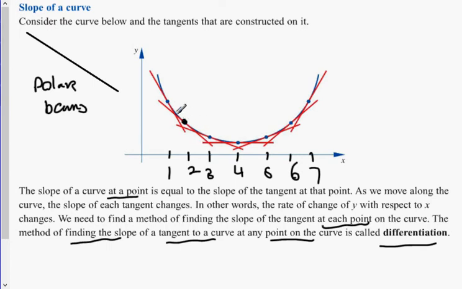You'd have to find the slope at 2 months, or the slope of the tangent at 2 months. It'd be a negative slope, wouldn't it? So you might be losing like minus 20 polar bears per month. That's a context question. I can ask you something like that.